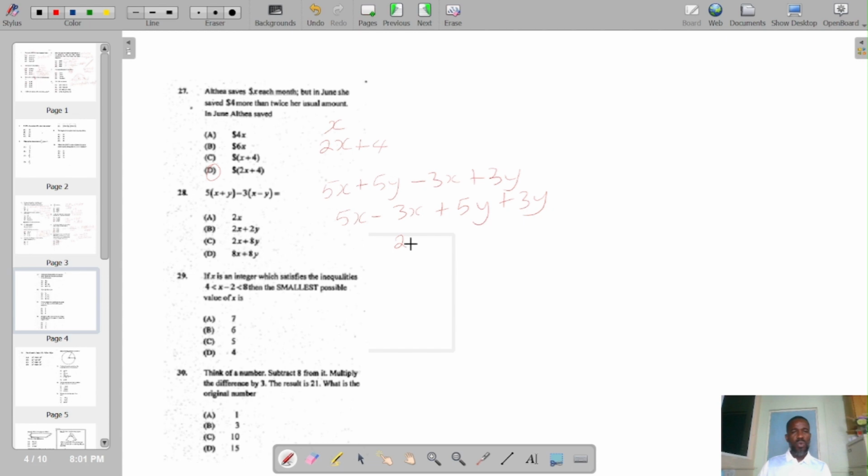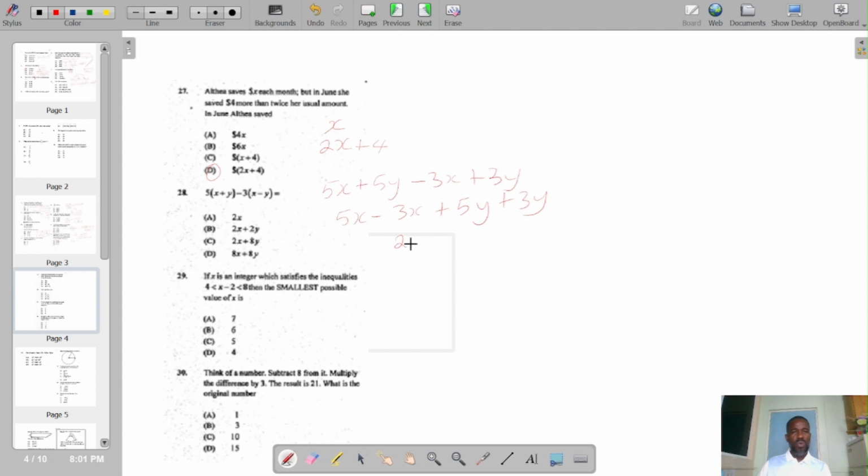Now, it says if x is an integer which satisfies the inequality 4 is less than x minus 2, less than 8, then the smallest possible value of x is. What this is saying is that if we choose one of these values and subtract 2 from it, it must lie between 4 and 8.